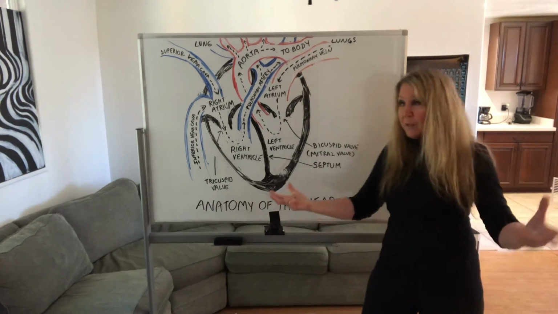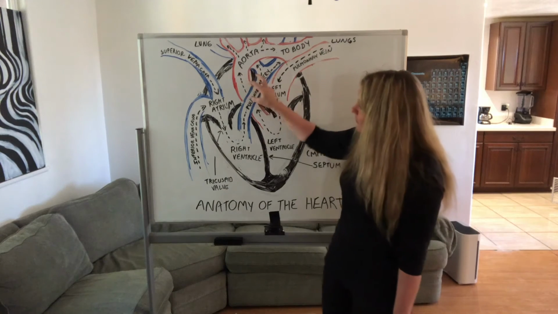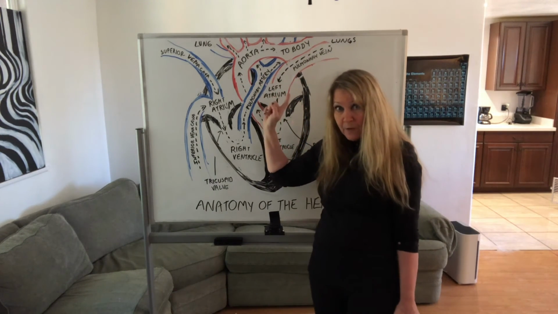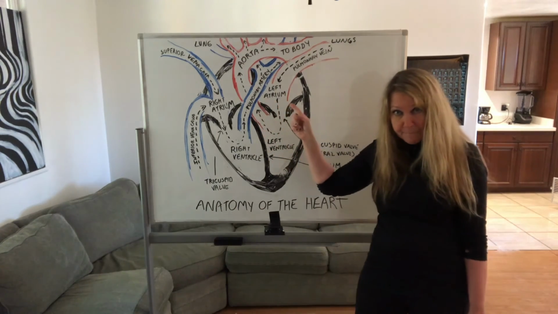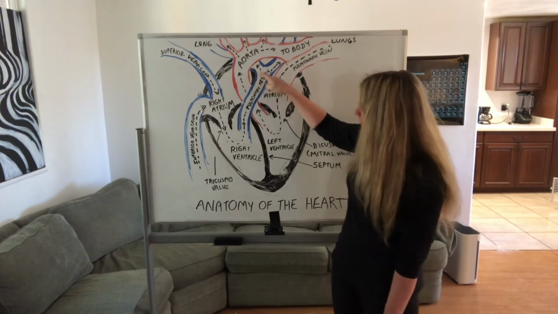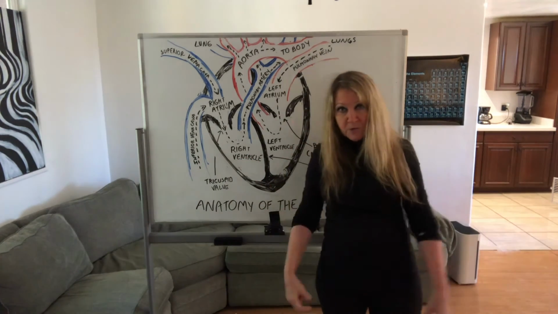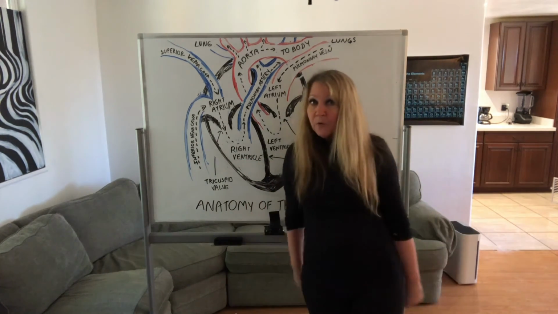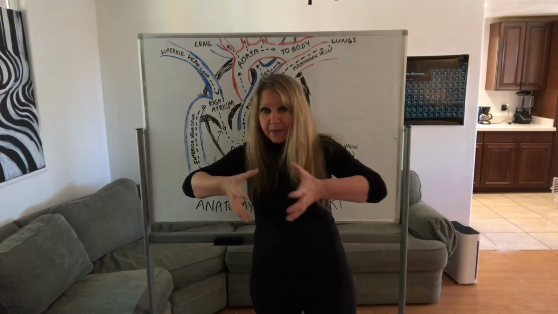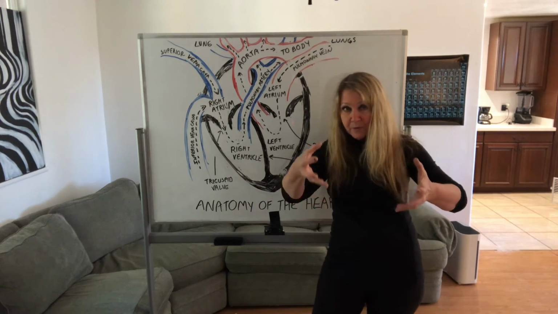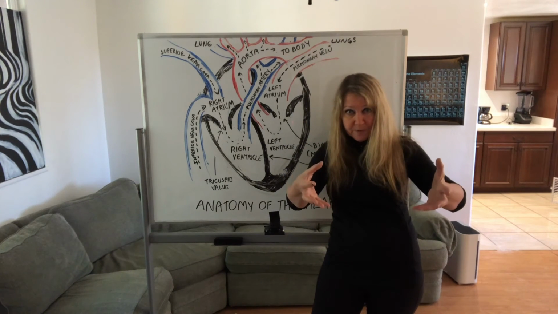Now it's interesting because one of the first branches that comes off the aorta are the coronary arteries. The coronary arteries come off, and they are going to provide the heart with oxygen. So the heart needs oxygen too. The outside of your heart is covered with blood vessels, coronary arteries.